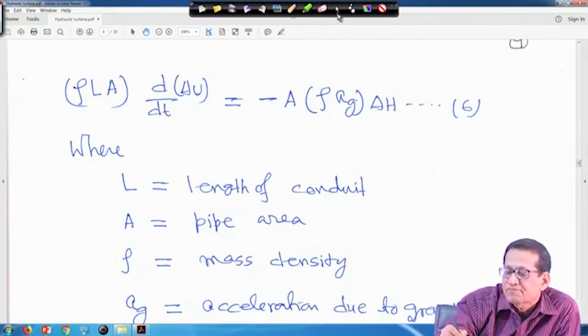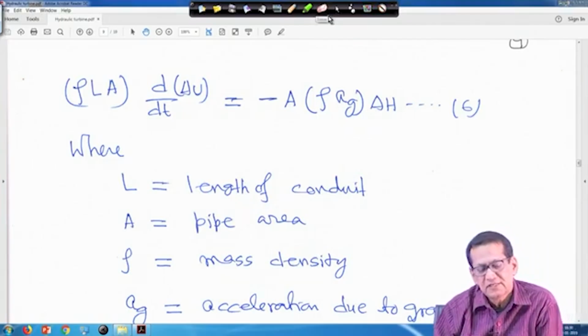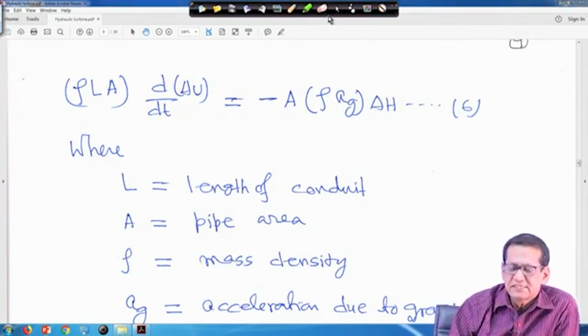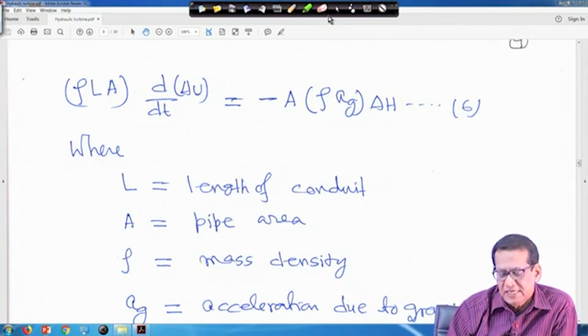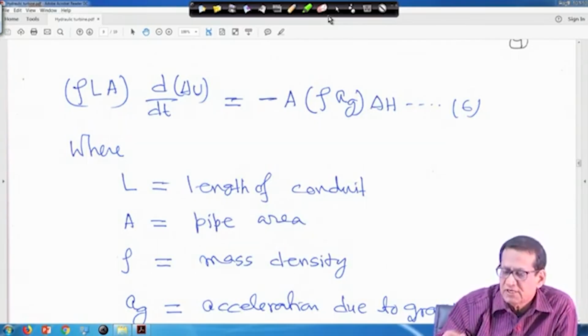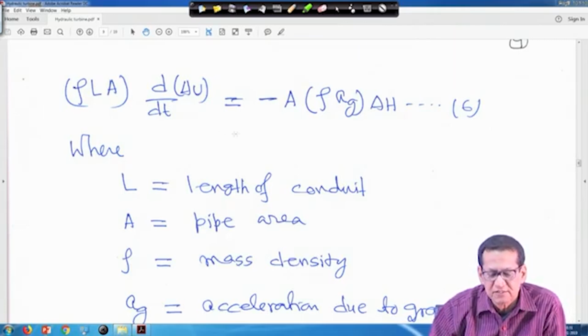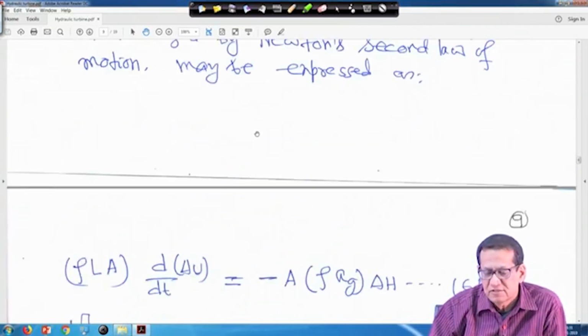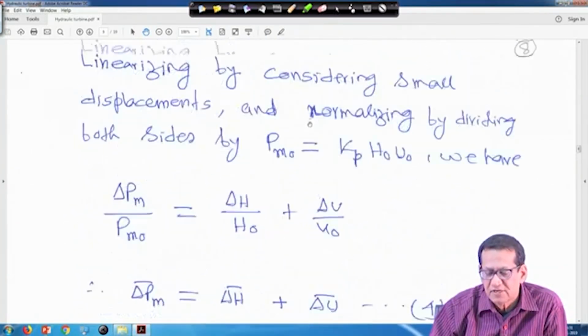So, this is the equation we have written. Now, L is equal to the length of conduit, that was given in figure 1. I am going back to figure 1 once again.